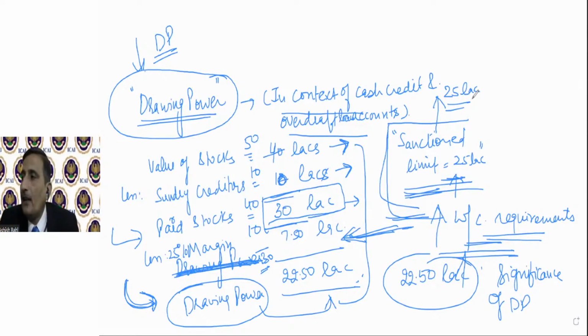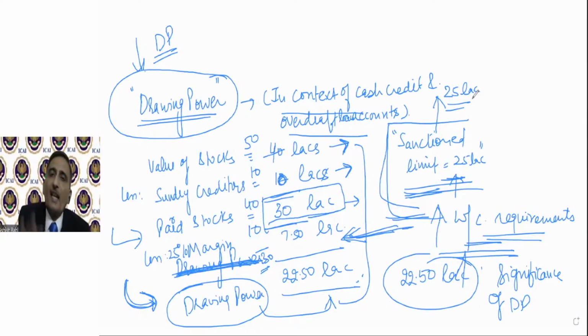Is the point clear to you guys? Drawing power, what do we mean by drawing power and what is its relevance in the context of cash credit and overdraft accounts? Is it clear to you?